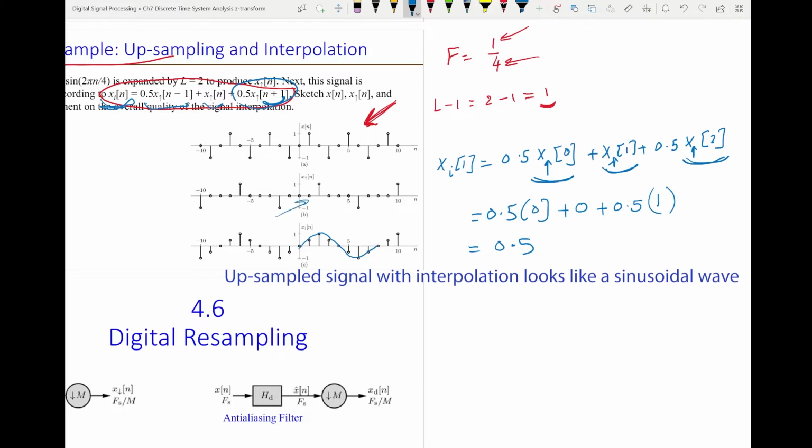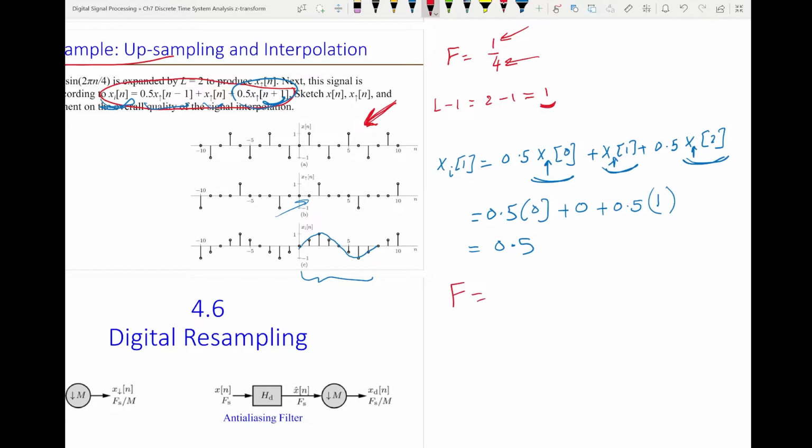versus this one that doesn't look like a sine wave. And the frequency of this new signal is reduced by a factor of 2, or the fundamental period increased by a factor of 2. Here, let's see how many samples: 1, 2, 3, 4, 5, 6, 7, 8.